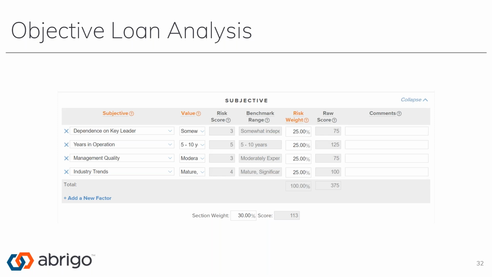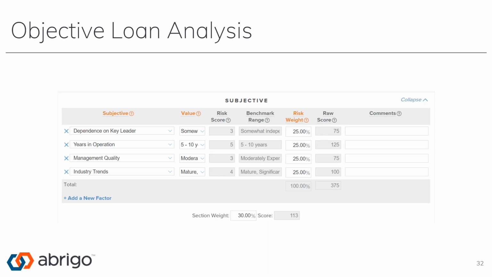And so even though it's subjective, you can still make it a little more objective and get it in your risk scoring model by putting whatever benchmark range you want. Even though the answers are subjective, you can see we've weighted another 30% on subjective information, and examples are on the left: dependence on a key leader, years in operation, management quality, and industry trends.